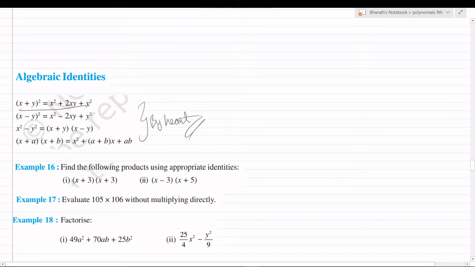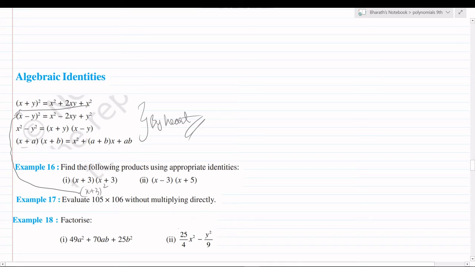Now find, same thing, substitute. Here instead of a it's 3. So you can write this as x plus 3 whole square. Take this here, it's in the form of x plus y whole square.